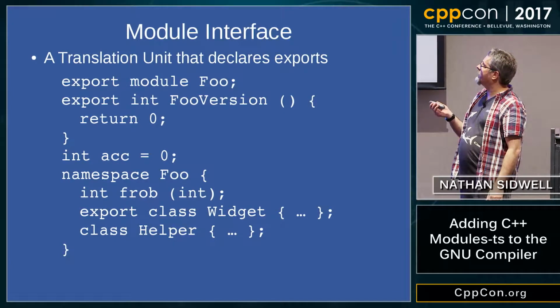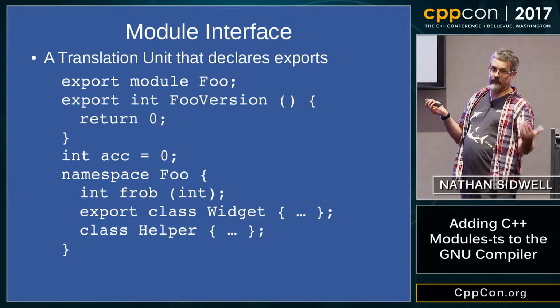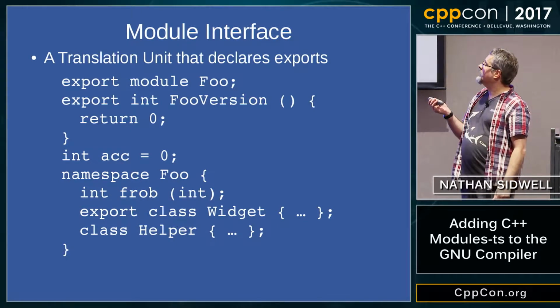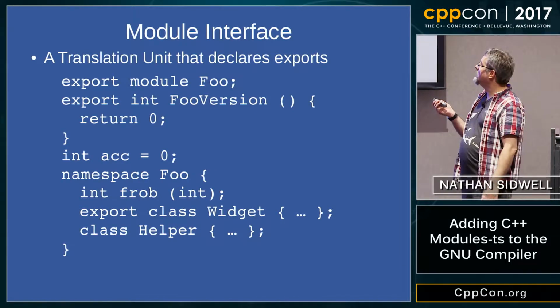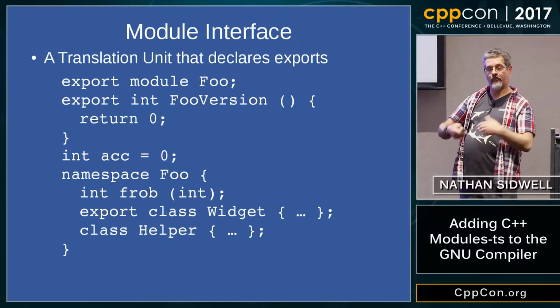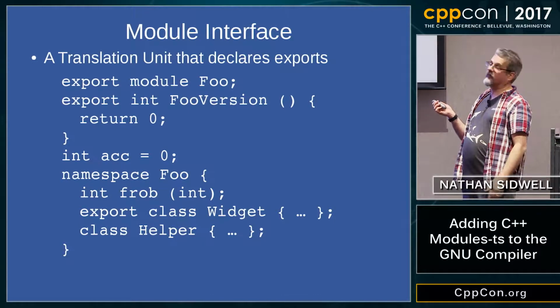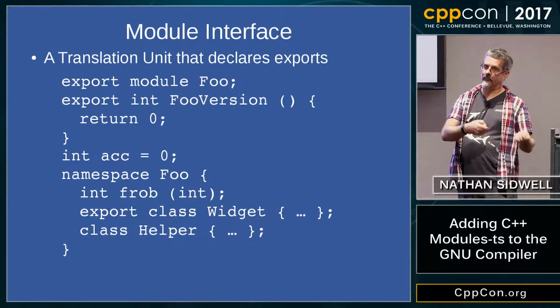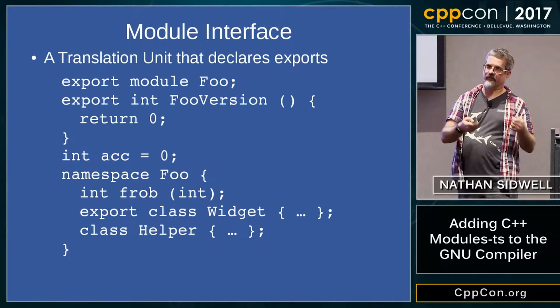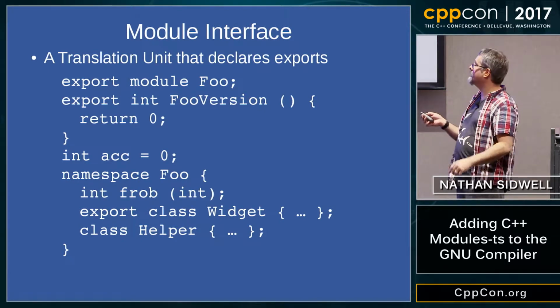Here's some other bits. I've got a non-exported function, so that's only visible within the module, and I haven't got a definition of it here because I'm going to define it somewhere else. Export class, I'm going to export a whole class. I'm going to export a load of members of this. All those members will be visible to importers, but of course we've still got public, private and protected access specifiers, so whether they can actually use all those members is still the same.